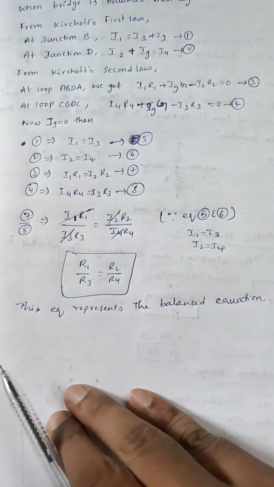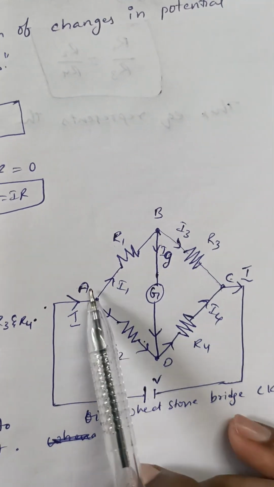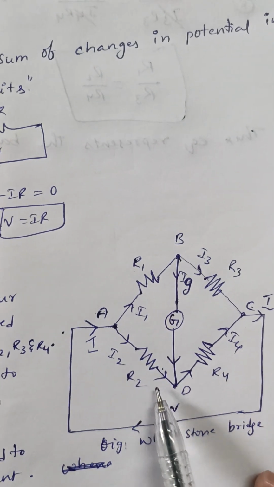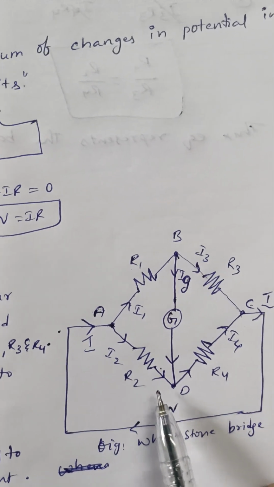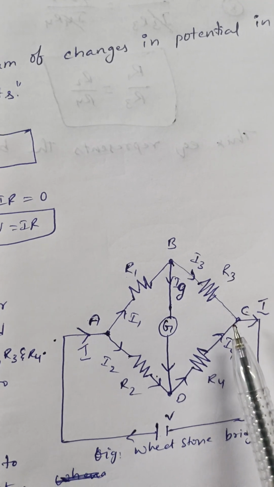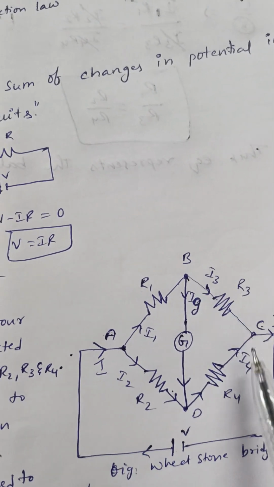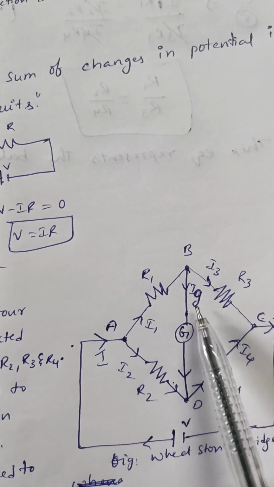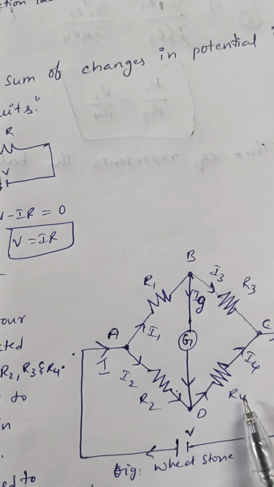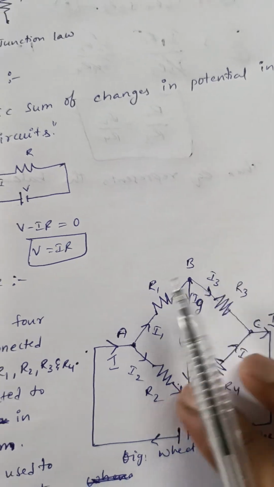Considering the loop direction, I3 R3 is taken as negative because it is in the opposite direction.